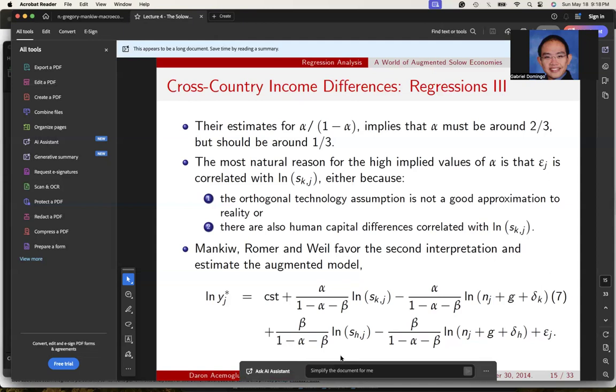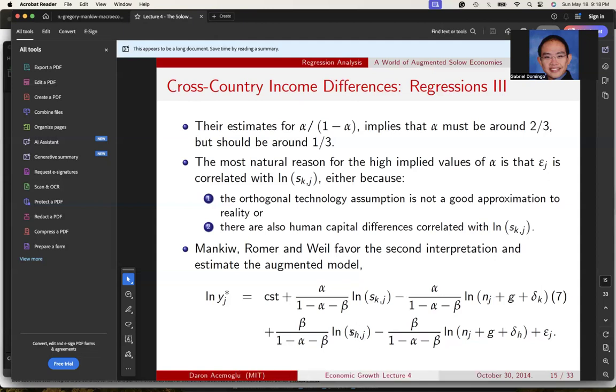So when you include the share of human capital, the investment in human capital, then the coefficients will start becoming better, closer to what you might expect when it comes to the interpretation of alpha and beta in terms of the share of physical capital and human capital in output, right?